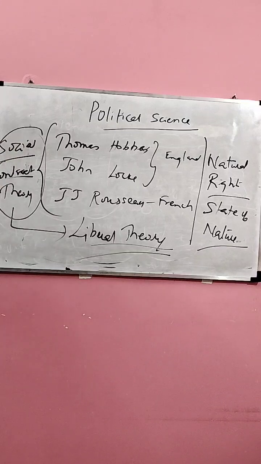Now let's study the conception of the social contract theorists with respect to liberalism. They did not call their philosophy liberalism, but they contributed to liberalism greatly, as well as the liberal theory of state, through the state of nature as well as social contract.